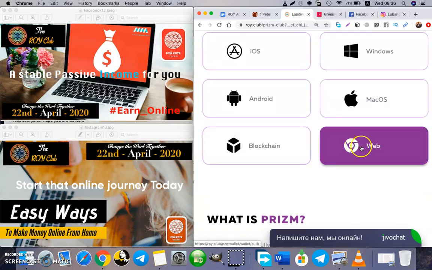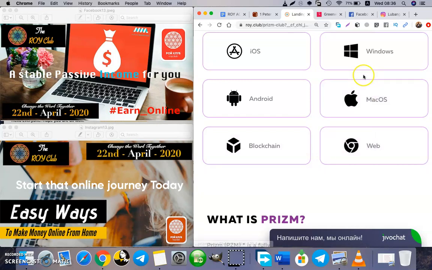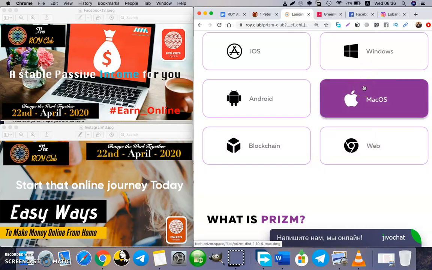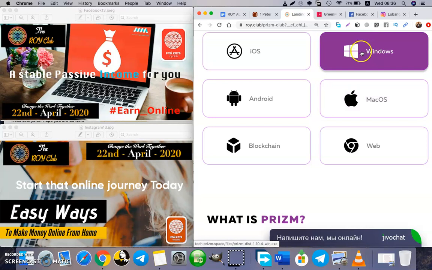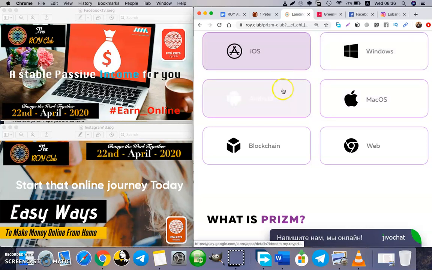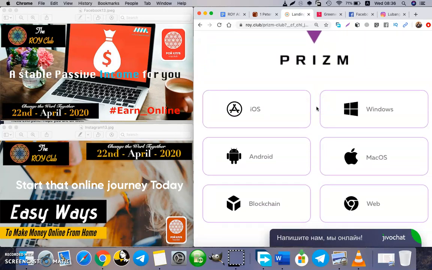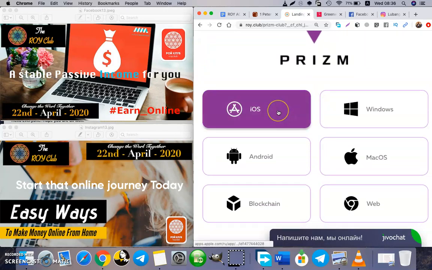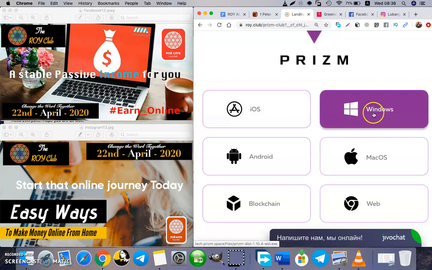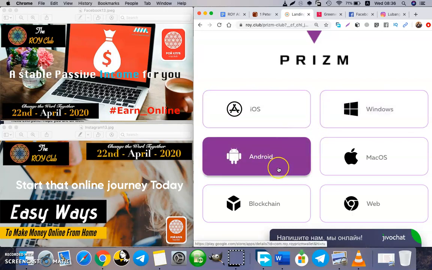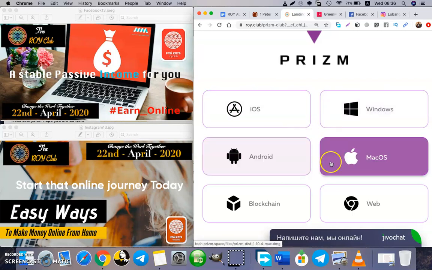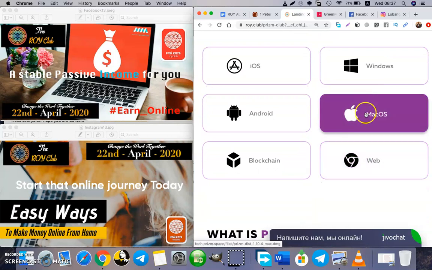PRIZM definitely has different operating systems that you can install their application on. So I can see we have iOS, Windows, we have Android for the Android devices, and we have Mac OS applications.